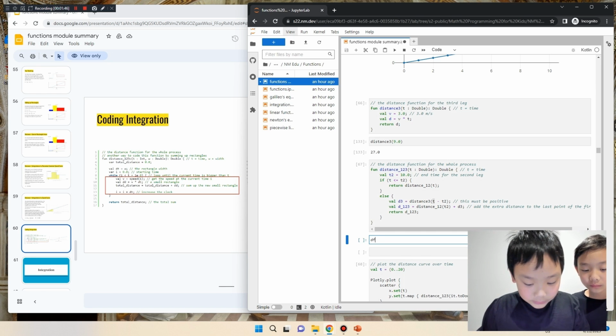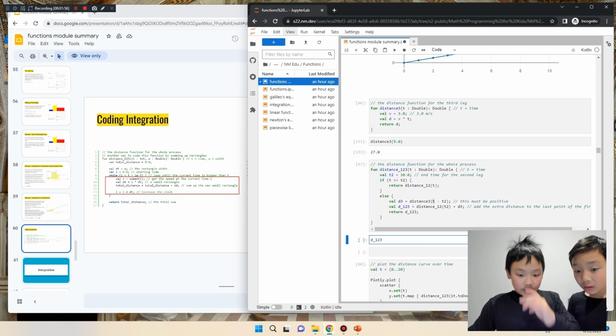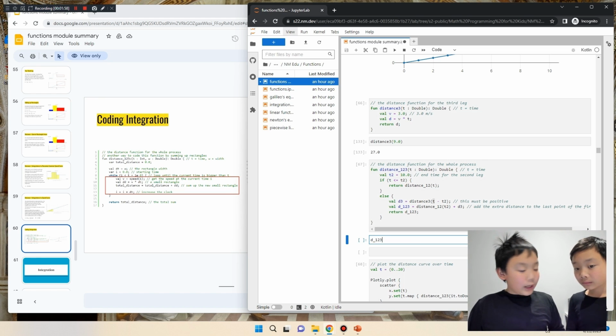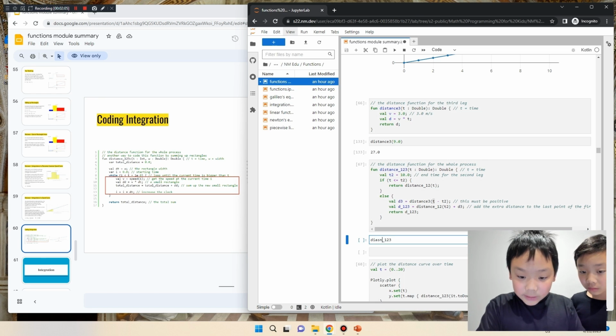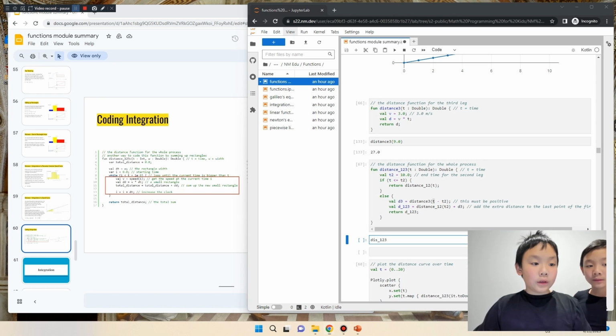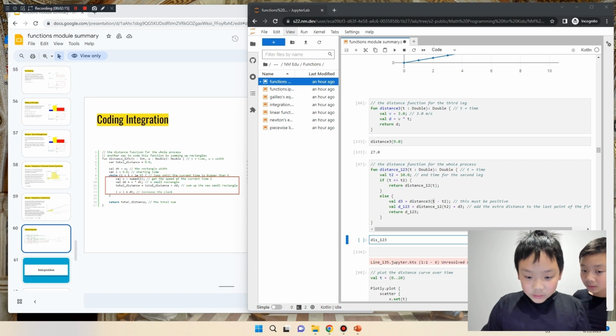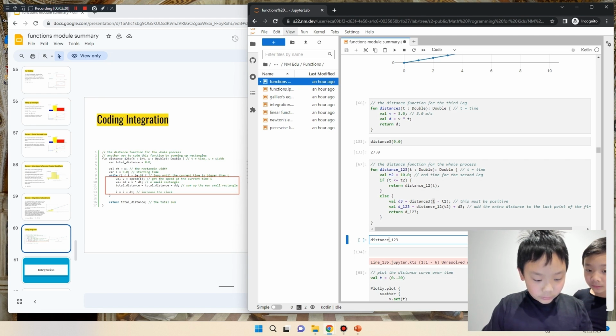Let's write d underscore 1. A short word for distance 1, 2, 3 can be d1 to 3, because I'm not bothered to say d1, 2, 3. So first we type in distance 1, 2, 3.